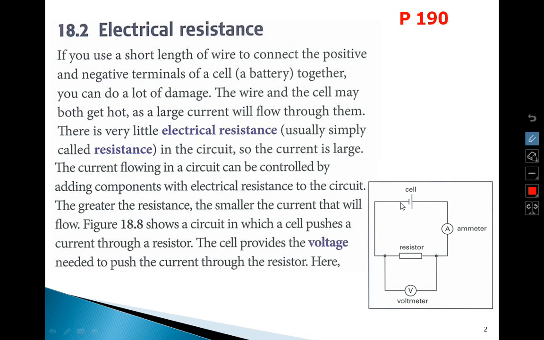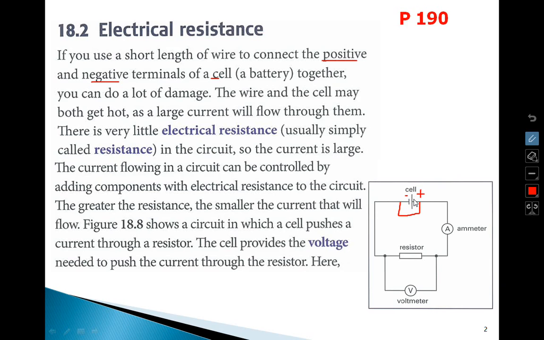If we use a short length of wire to connect the positive and negative terminals of a cell or battery together, this is the minus part and this is the positive one.